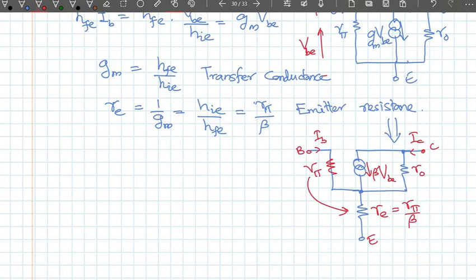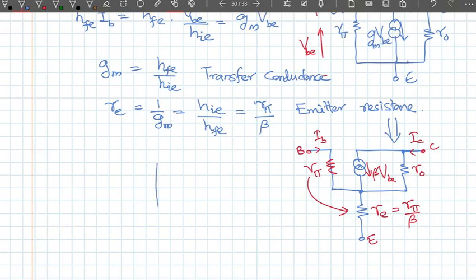IE is basically IC plus IB. Now the voltages, the voltage between B and E should be the same. Now R pi is no longer there, only the Re is there. So the initial voltage across base to emitter was IB times HIE.